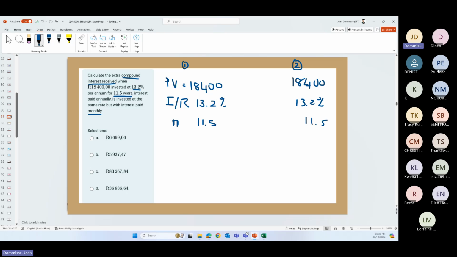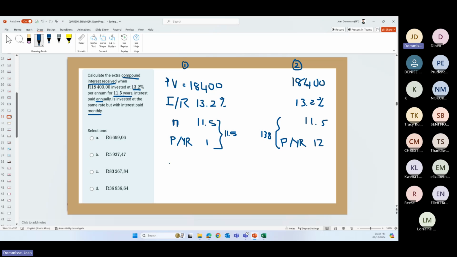Then they say the first one is annually, so it is done how many times per year? Once. So we know that there will be 11.5 periods. The second one, they say we're going to invest it monthly, so that's where the change comes in. So how many times per year is 12? So the number of periods is 12 times 11.5. That will be 158.